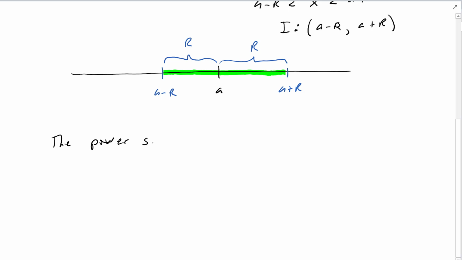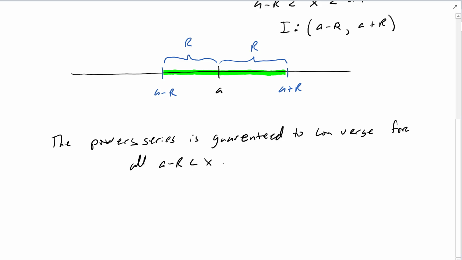And we're guaranteed to converge. So just by knowing the radius of convergence, that's r, and the value of a where it's centered, we've got some information.